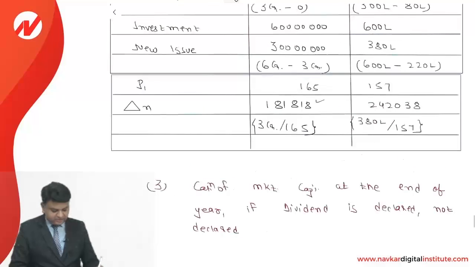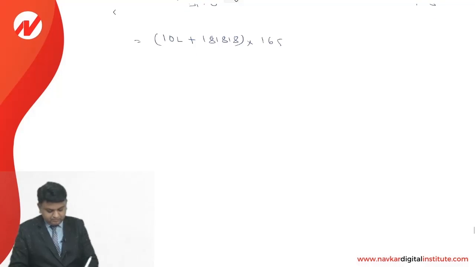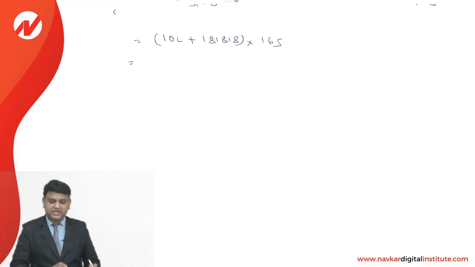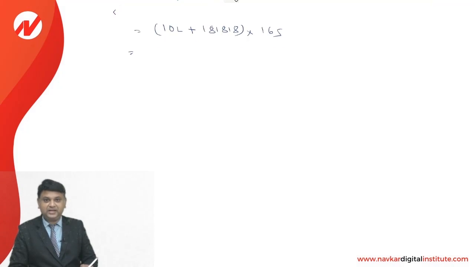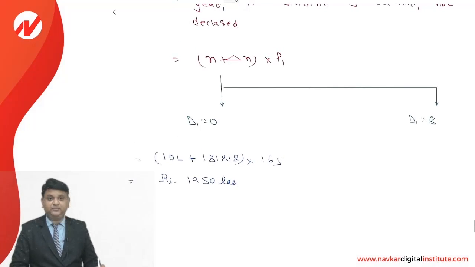Into market price of the share, it is 165. 10 lakhs plus 181818, that is 11,81,818 into 165. So just I round it off and that comes to 1950 lakhs.